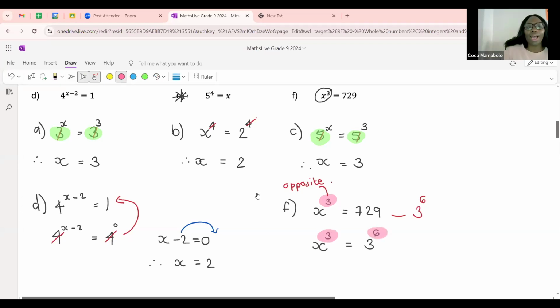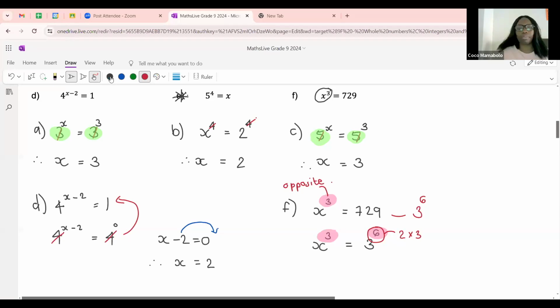But I know that I can break 6 up into a number with 3. What times 3 would give me 6, guys? What number times 3 gives me 6? Correct. The answer is 2. That 2 times 3 is equal to 6.